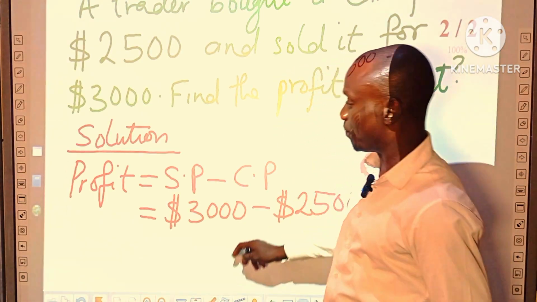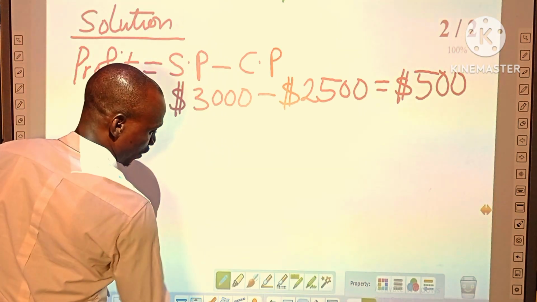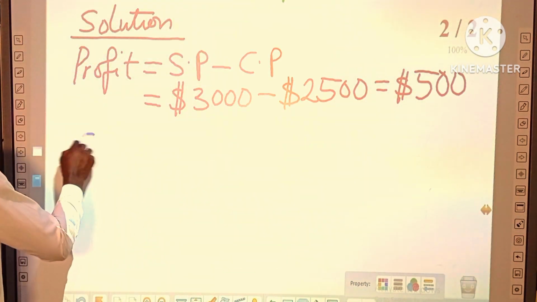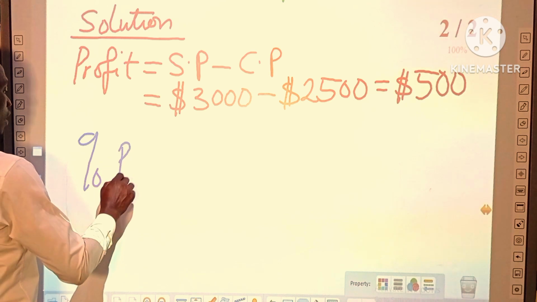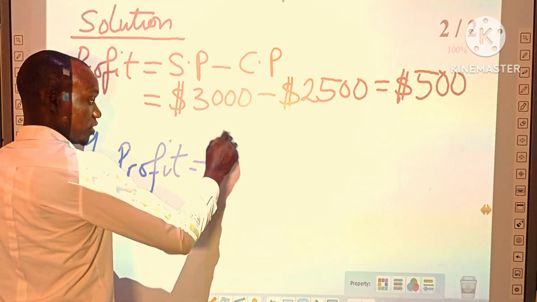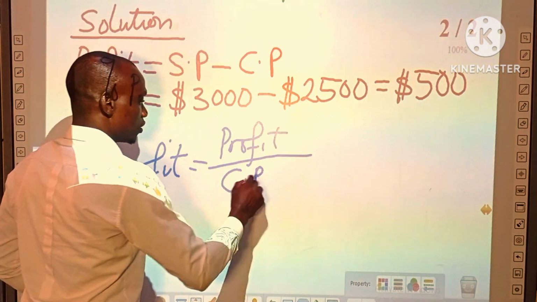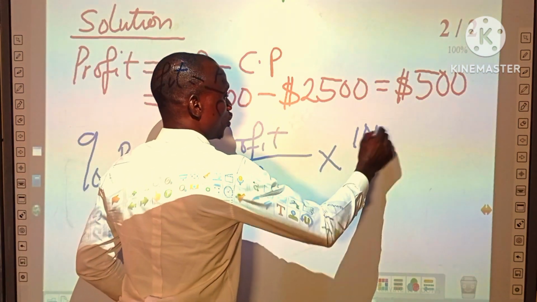So the next step is to look for the percentage profit. Percentage profit, as we said when we started, is equal to profit all over the cost price times 100 all over 1.